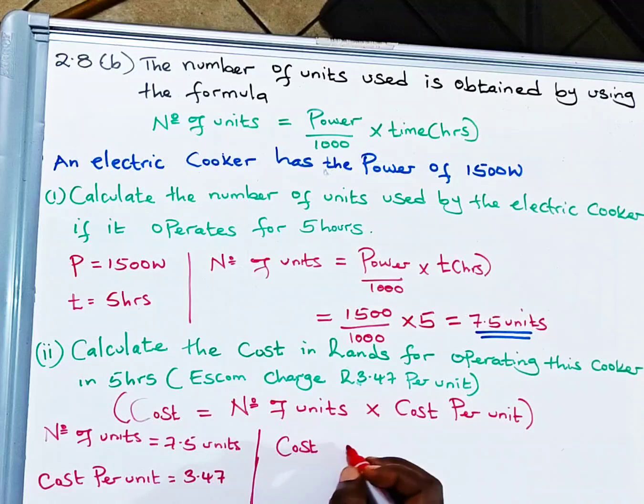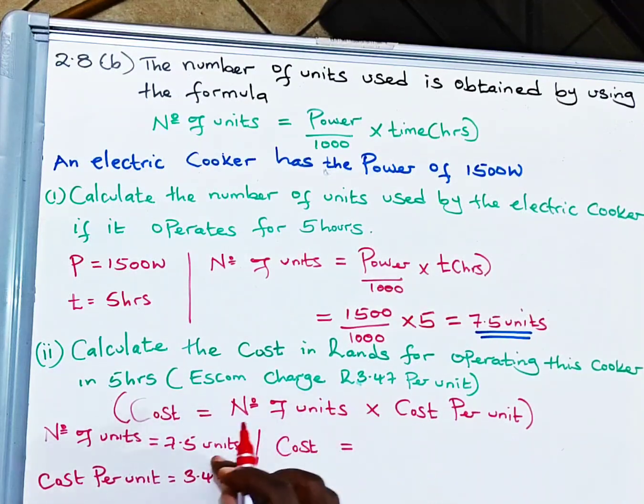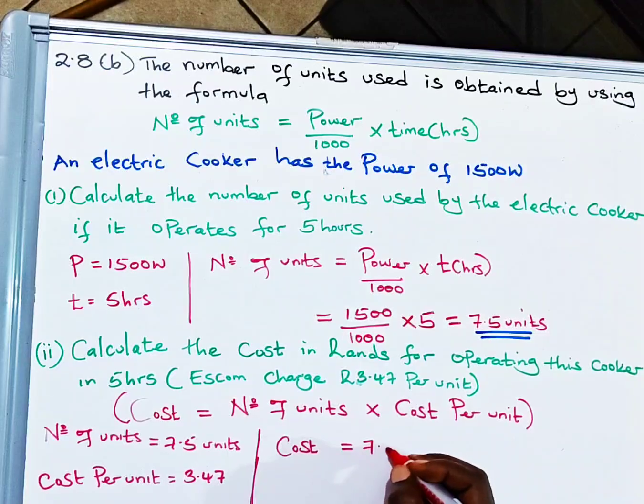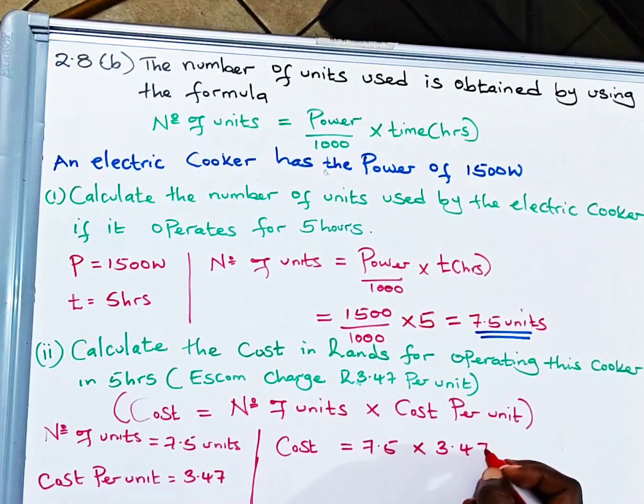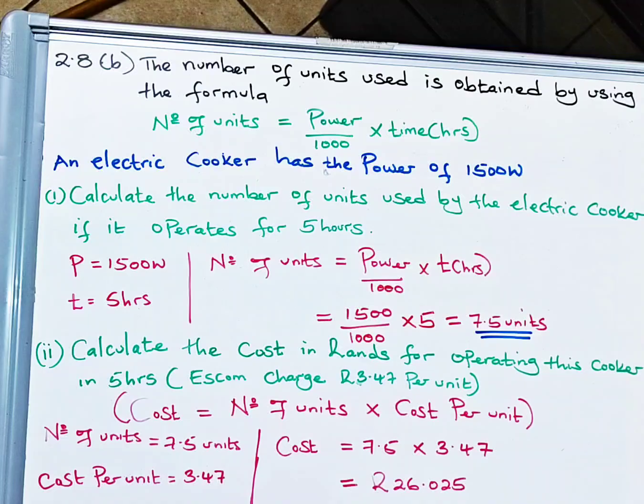So we are going to say cost is equal to number of units, which is 7.5, times cost per unit, which is 3 rand 47 cent, giving us 26 rand and 0.25 cent. Okay.